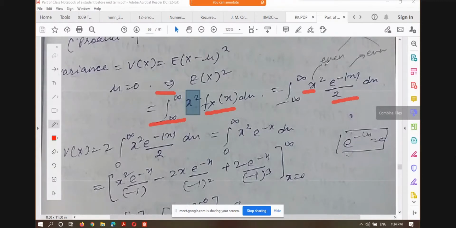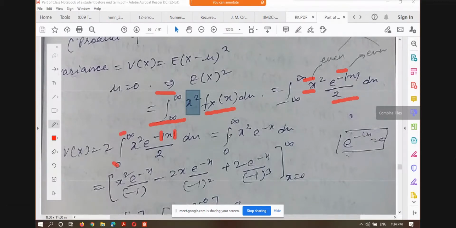So this is even and this part is also even. If both functions are even, then their product is also an even function, and then by the property of definite integral, it is 2 times the integral from 0 to infinity of x square e raised to power minus mod x upon 2 dx. And in this domain, 0 to infinity, mod x is defined as x.